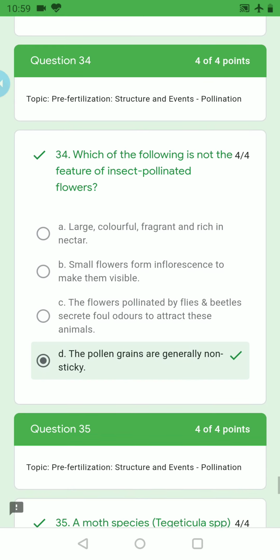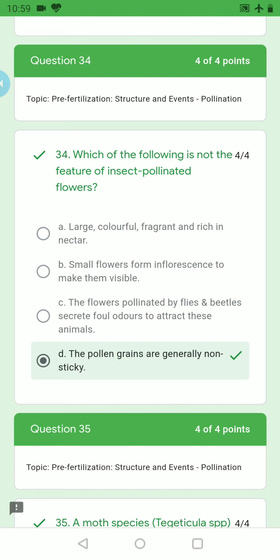Next question. Which of the following is not a feature of an insect-pollinated flower? Just read the given statements so that you can identify. A: large, colorful, fragrant and rich in nectar. Yes, that is a characteristic. Small flowers form an inflorescence to make them visible.